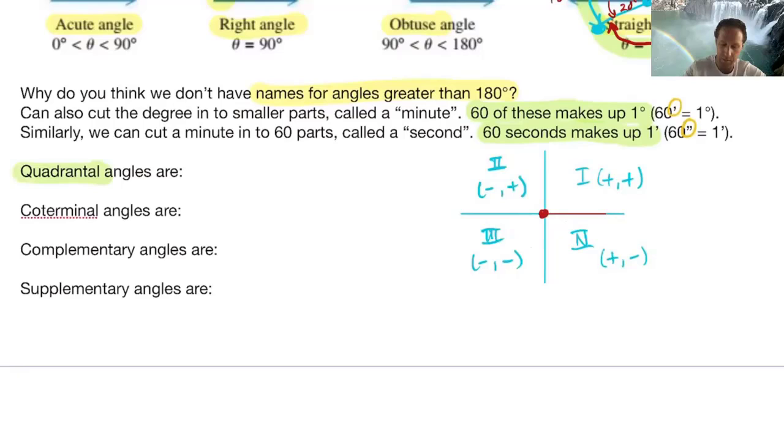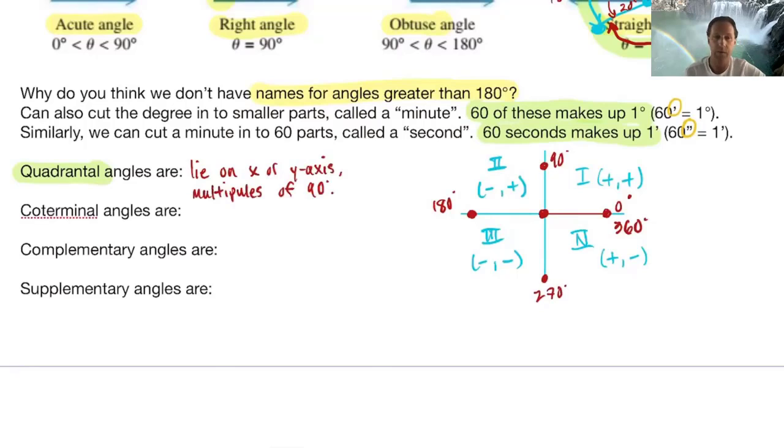So if you were to pick a point here, here, here, or there, any of those 4 points, which would be at 0 degrees, 90 degrees, 180, 270, or even all the way around back to that original point that we started on, 360 degrees, those are what are called quadrantal angles. And therefore, it must lie on the x or y axis and be a multiple of 90 degrees.